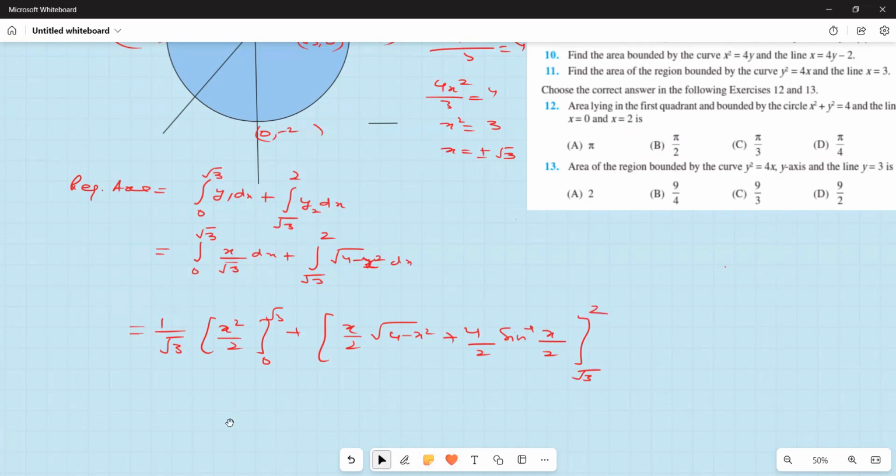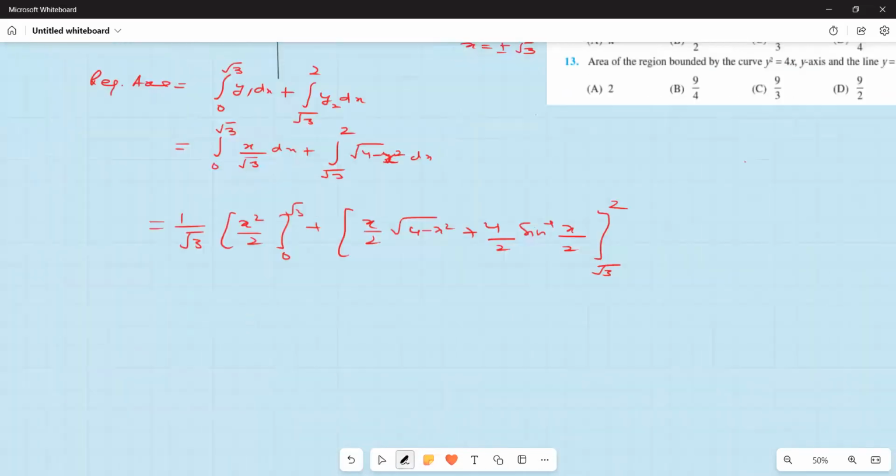So this is 1 by root 3. Root 3 square is 3, so this is 3 by 2, right? Plus, if I put the limits over here, this will make this 0. So the upper limit is 0 plus 2 sine inverse 2 by 2 is 1, no? So sine inverse 1.